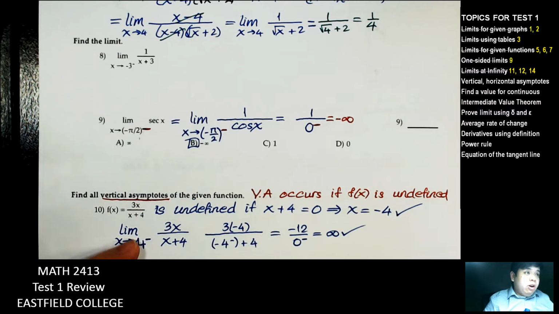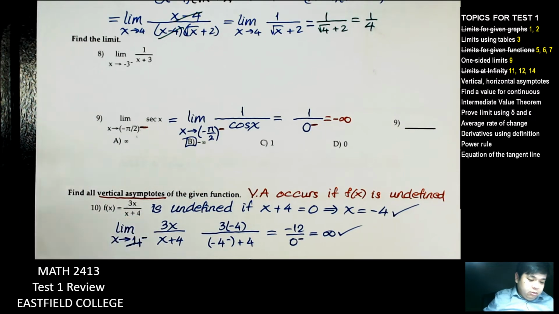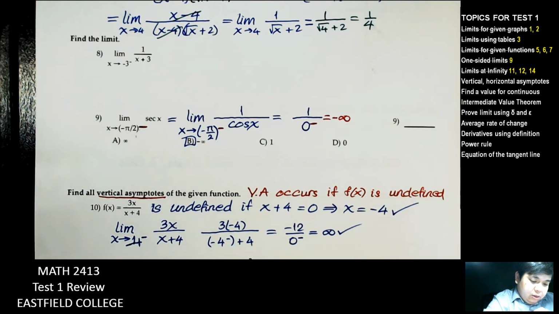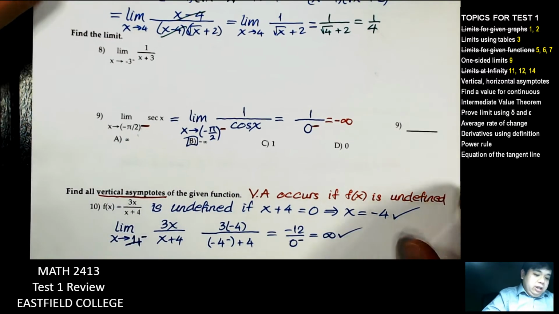After that we confirm that the limit from one side, either the left, the right, or from both sides, is infinity. If it's not infinity, then we do not have the vertical asymptote. It has to be infinity.